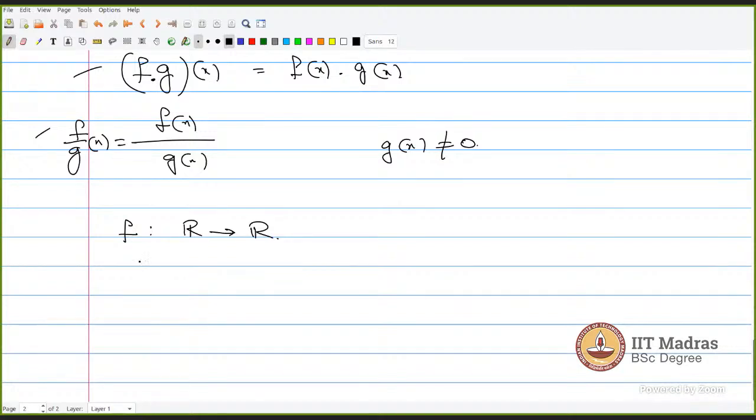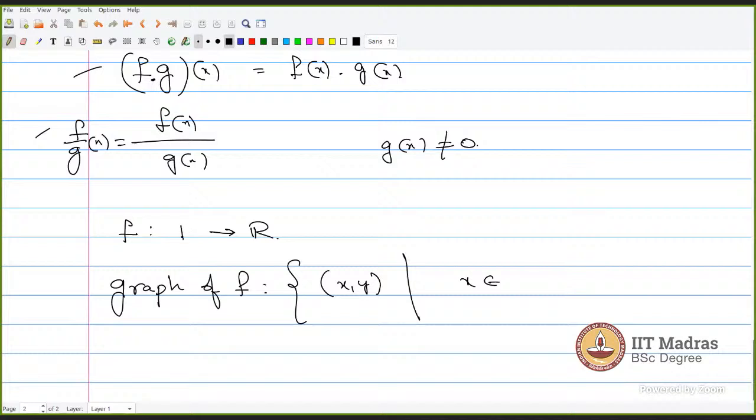Now if I have a function f from R to R and I want to graph this function, the graph of f is nothing but all points x comma y, where x comes from the domain and y comes from the range.